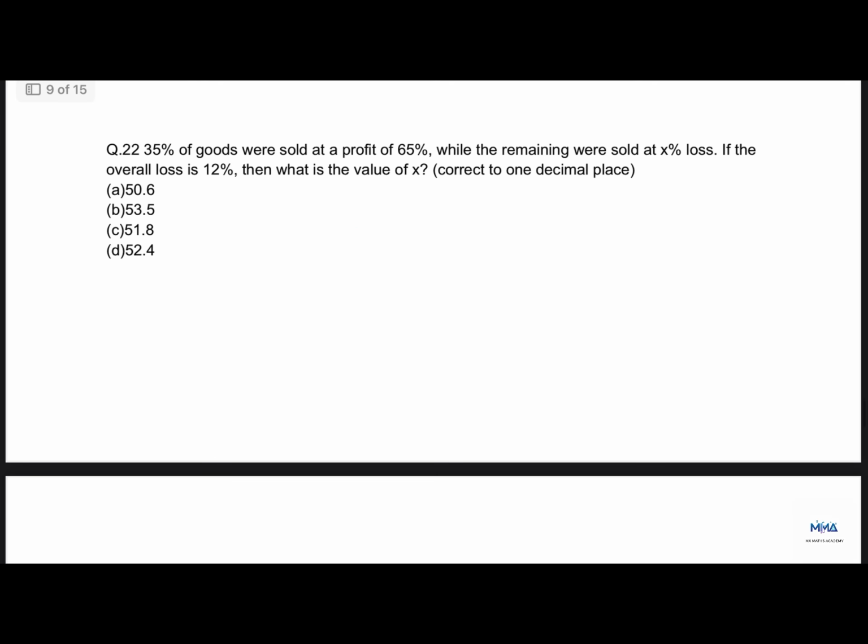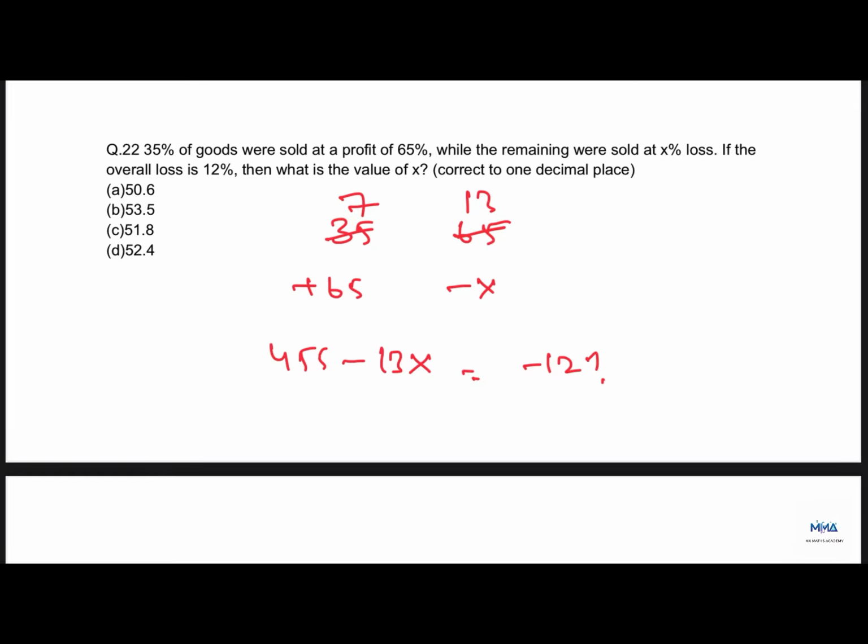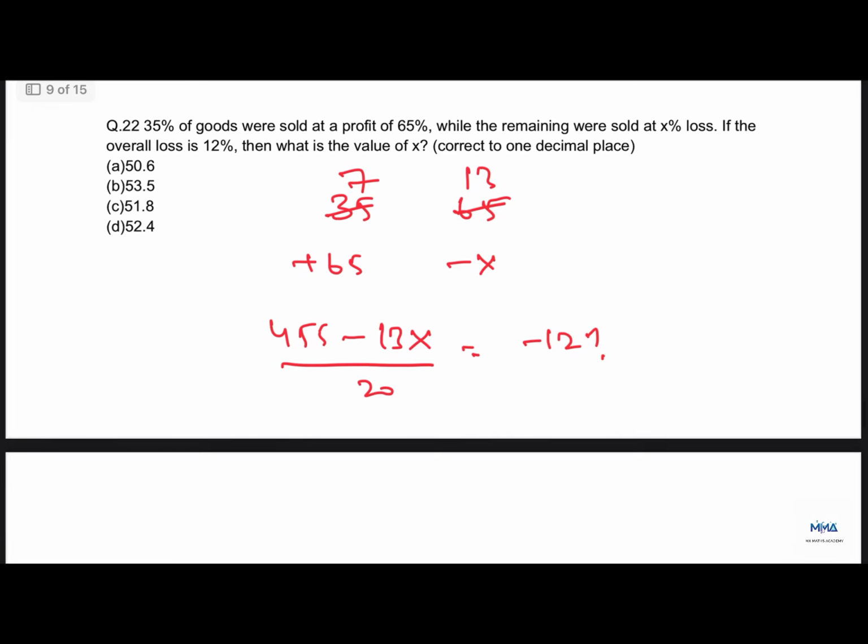35% of the goods were sold at a profit of 65%, while the remaining, which is basically 65%, were sold at a loss of X percentage. The overall loss here is 12%. So let's break this into the simplest ratios, 7 and 13. So the resultant percentage profit or loss is 420 plus 35 is 455 minus 13x by 20.